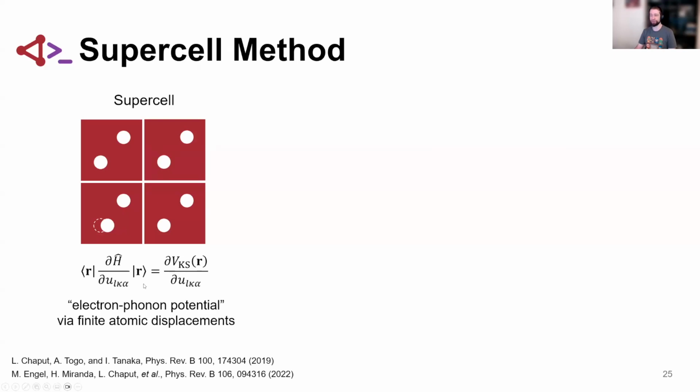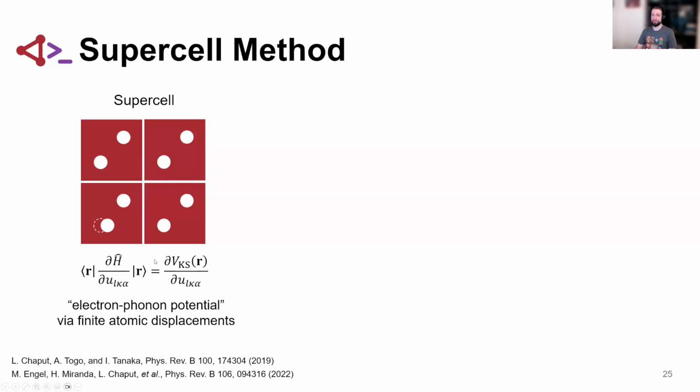And then we compute the change of our Hamiltonian by this atomic displacement in real space. So effectively, what that means is we take the derivative of our Kohn-Sham potential in real space when we displace an atom. And this quantity here, we usually refer to as the electron-phonon potential. And in this case, it is given in the supercell, in this entire cell.